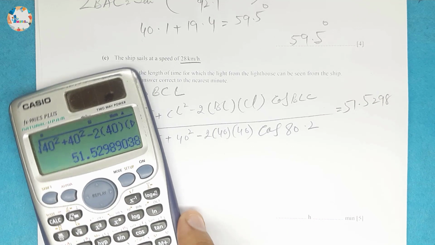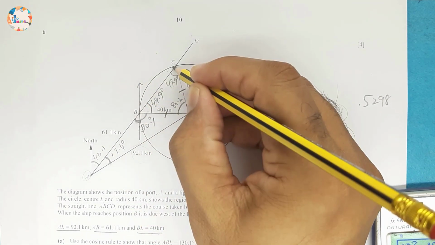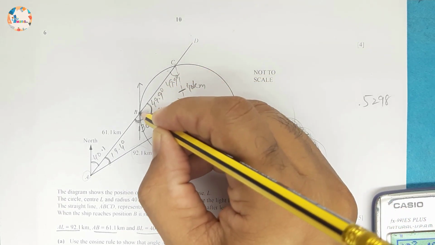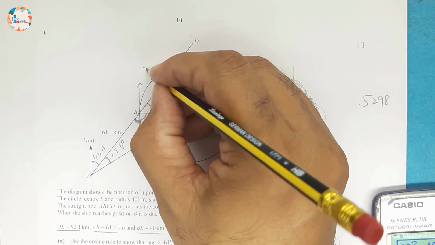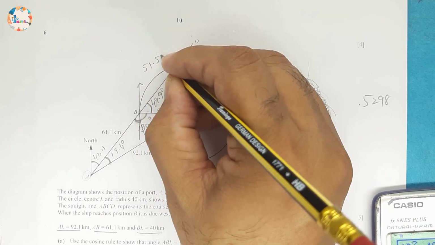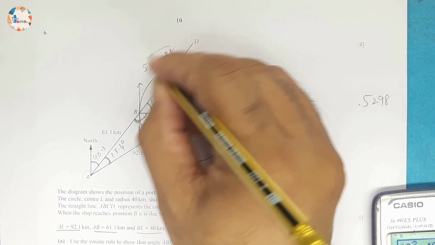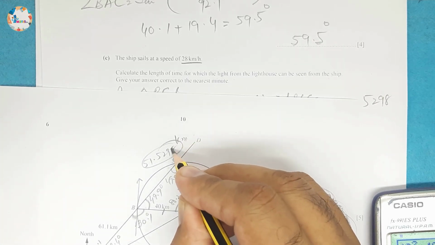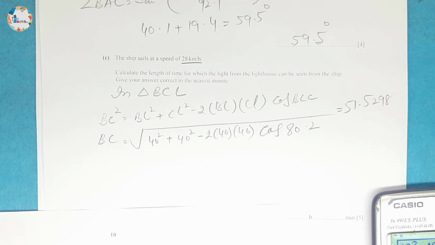Basically this will be the distance. So BC is this distance for which light will be visible. BC distance will be 51.5298, in kilometers.